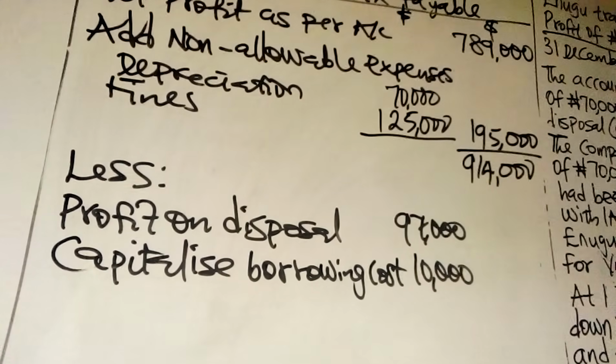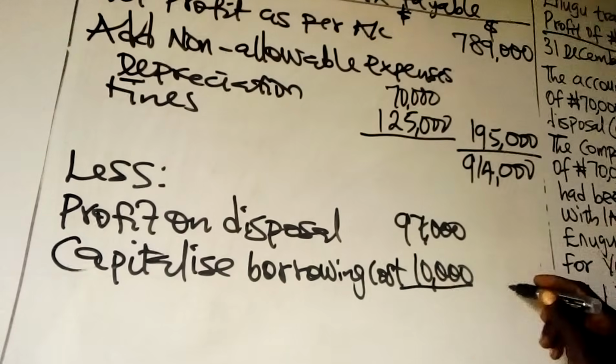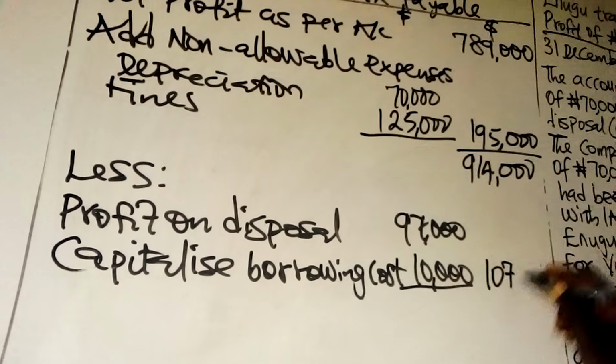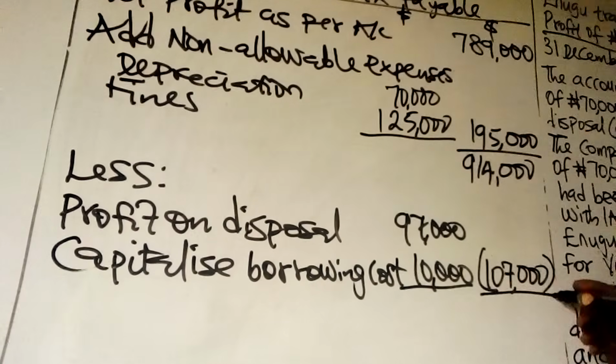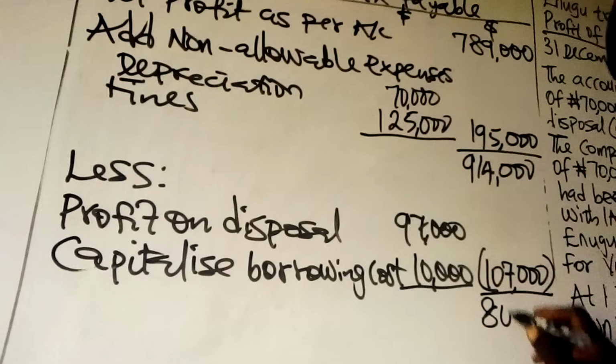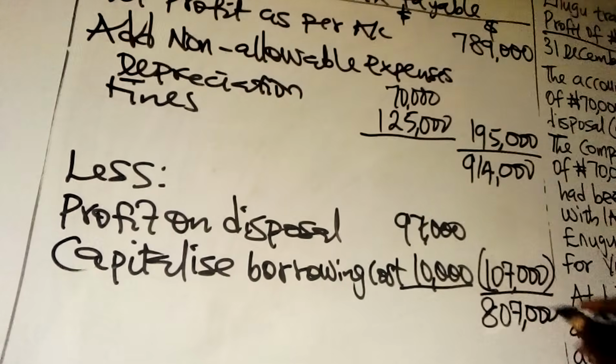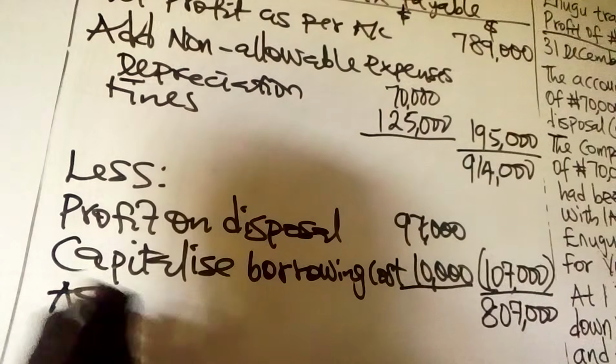If you add this, you have 107,000. If you now less 107,000 from the total, then you have the assessable profit to be 807,000.